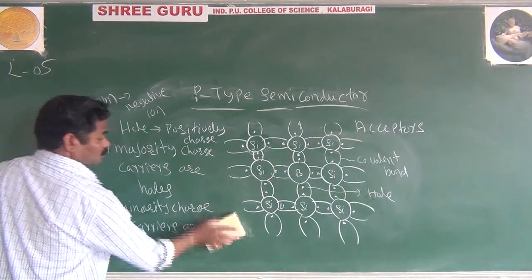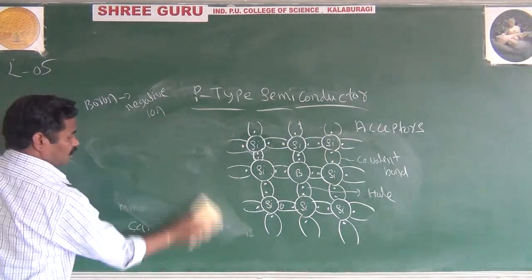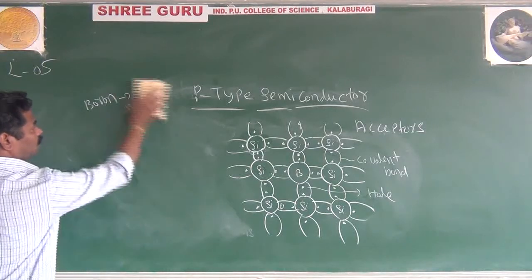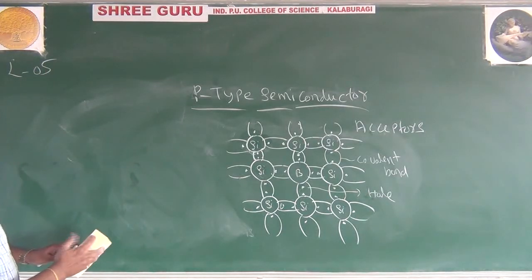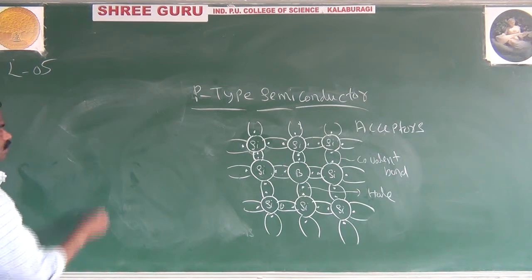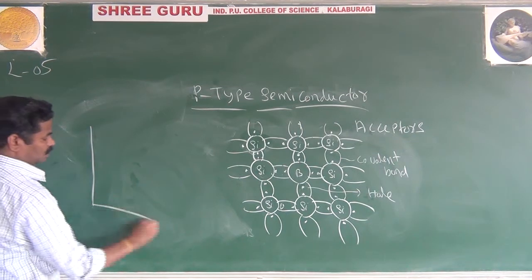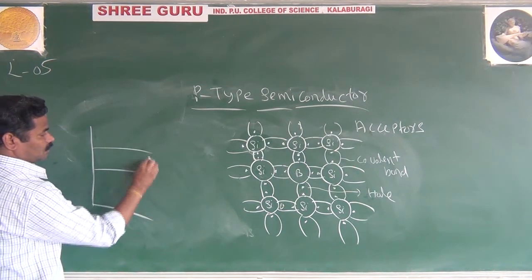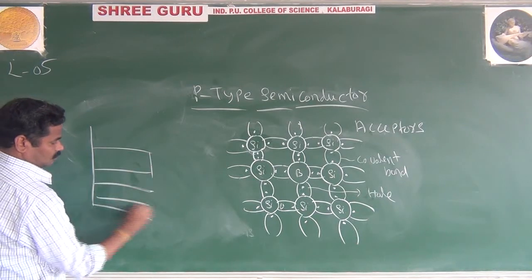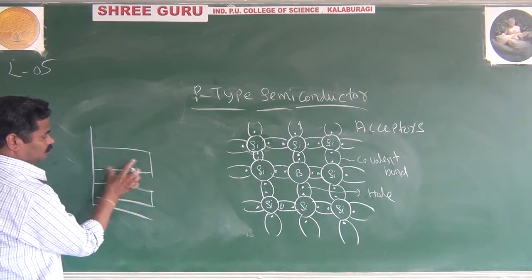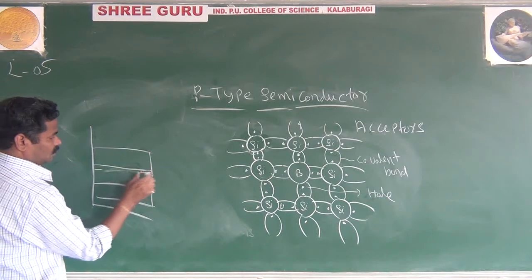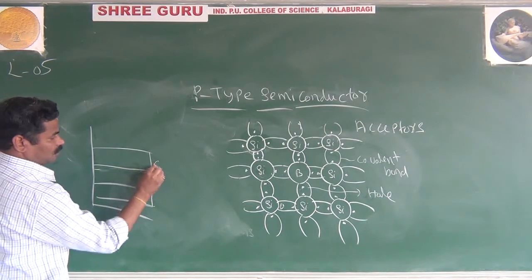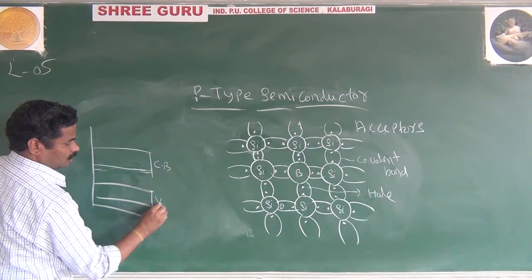And if you draw your energy band diagram, how will you get this? As usual, this is your energy band diagram. This is the conduction band, and this is the valence band.